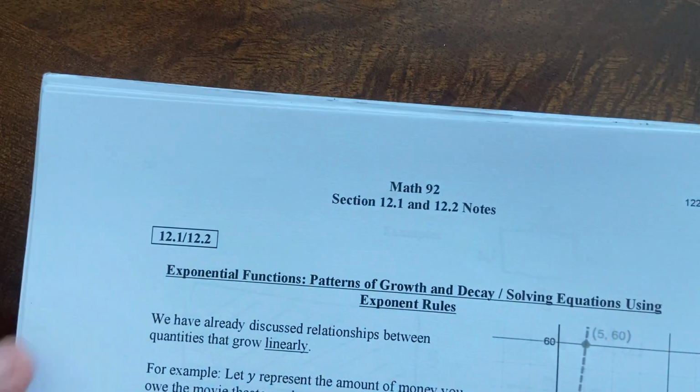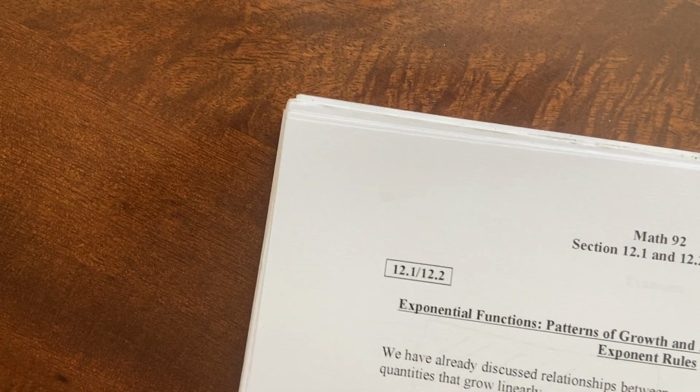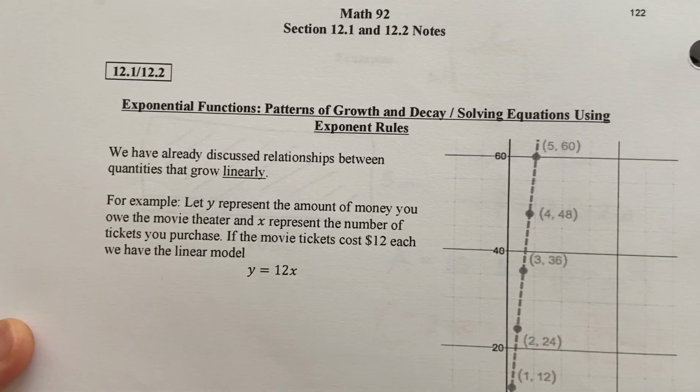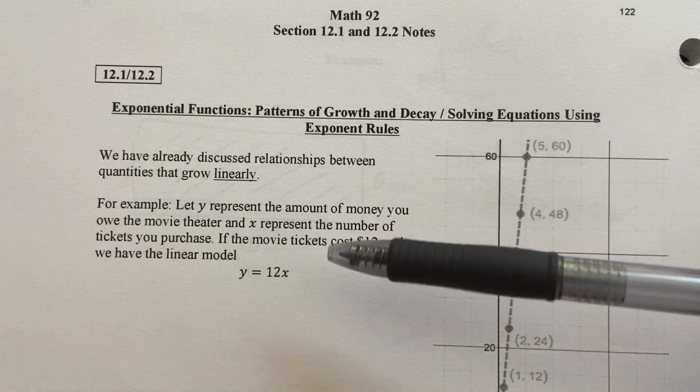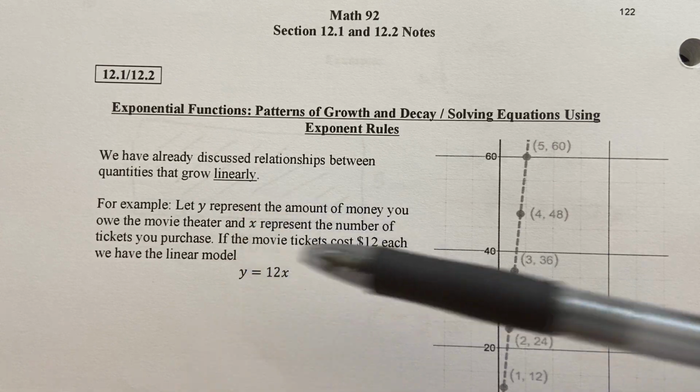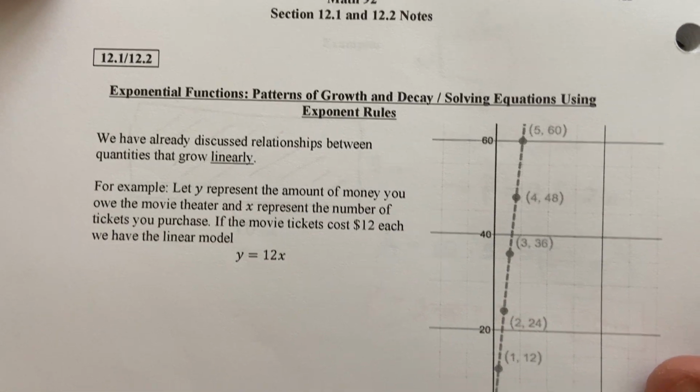Let's go on to 12.1. This is going to be the meat of our discussion today. So we've seen a few different models. Just to summarize, we have seen relationships between quantities that grow linearly.